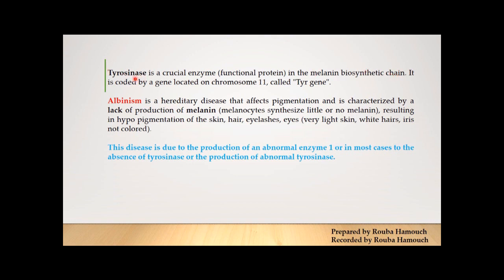Since it's an enzyme, a protein, it is coded by a certain gene. The gene that codes for tyrosinase is located on chromosome 11, and it is called the tyr gene, tyr for tyrosinase.